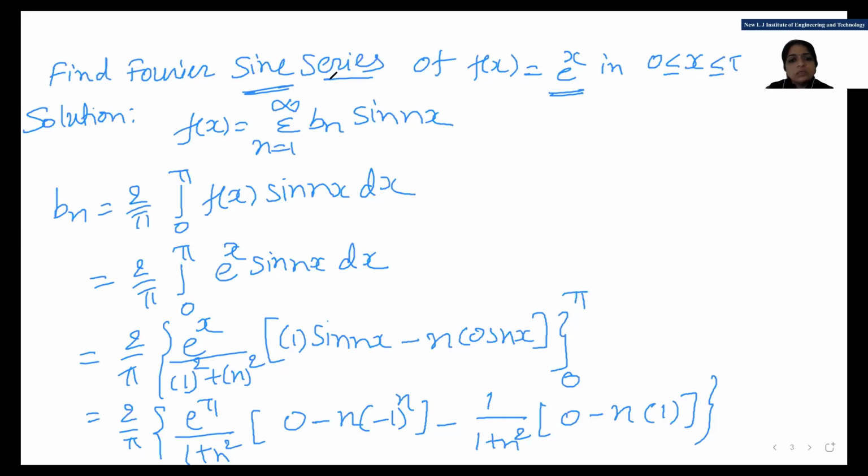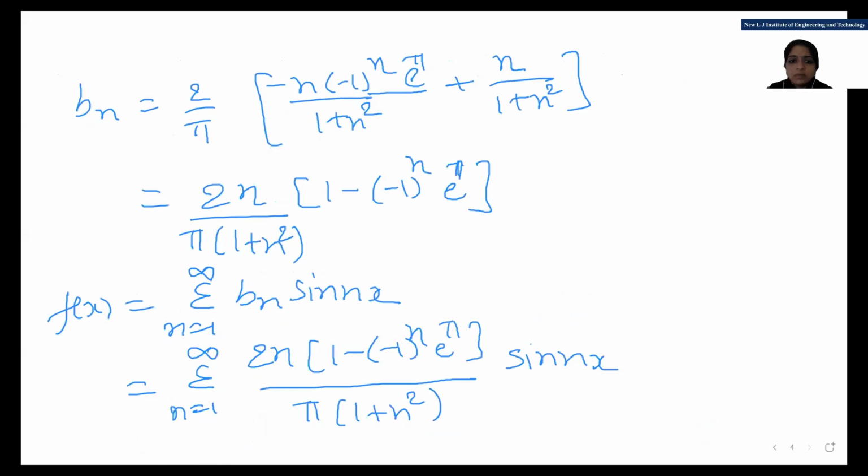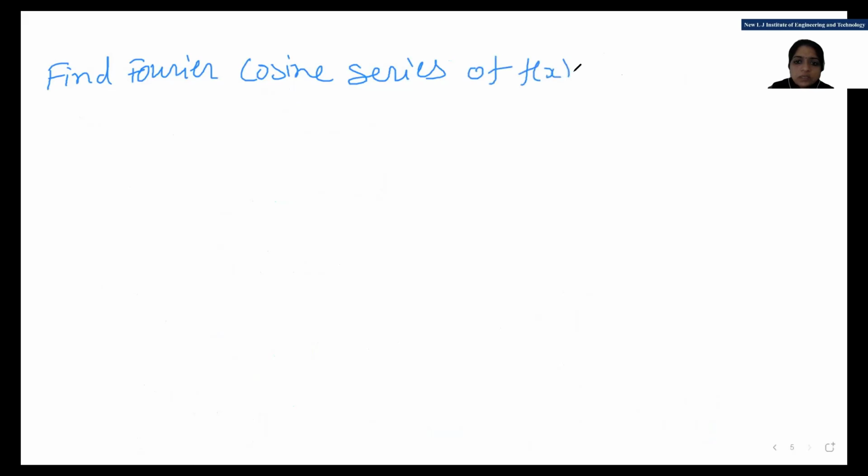Okay, now we'll solve the example for find Fourier cosine series of f of x is equal to e raised to x in the interval 0 to L, right?